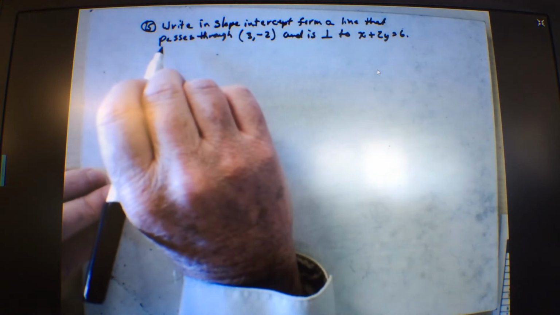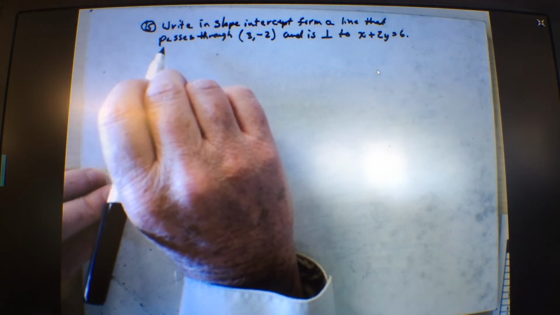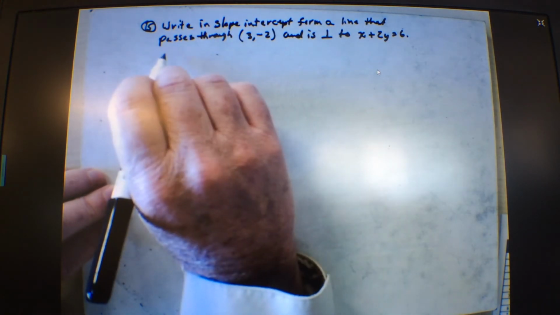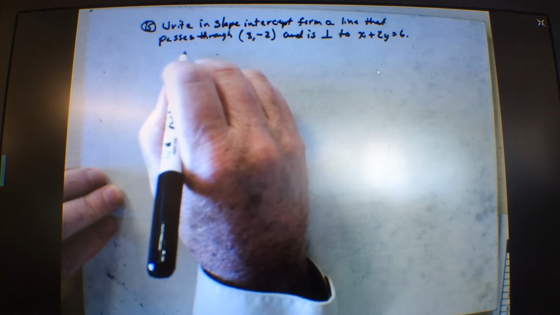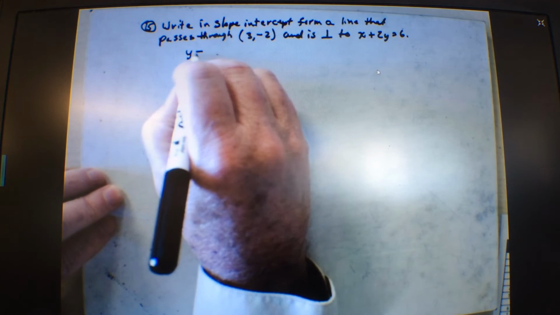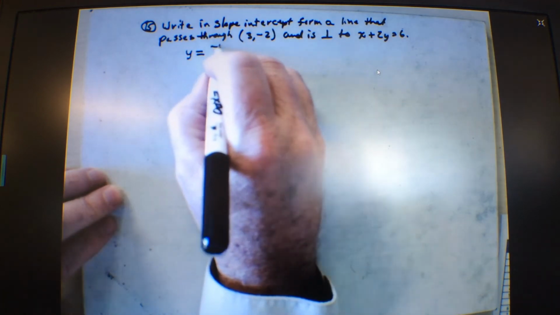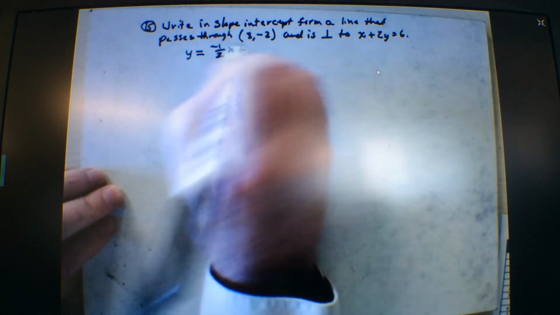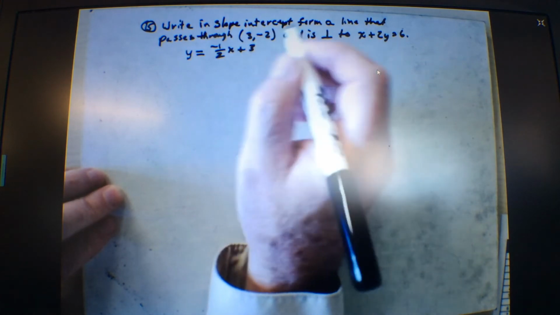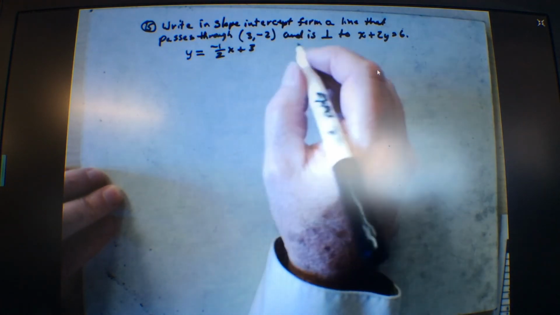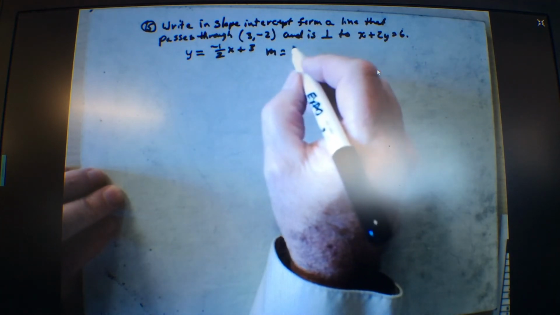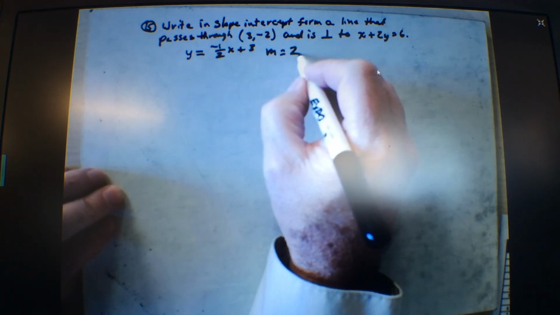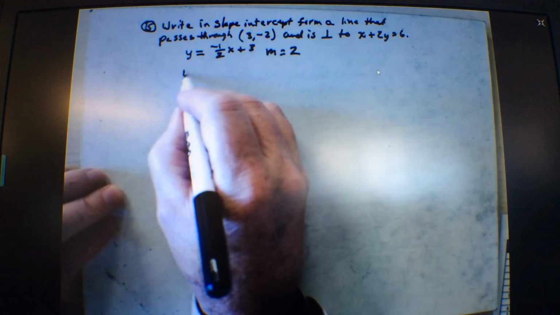All right, so to do it quickly, y equals negative 1/2 x plus 3. I think she's correct. So if that is your slope, what's the slope of the line you want? It'd be the opposite, it'd be 2.